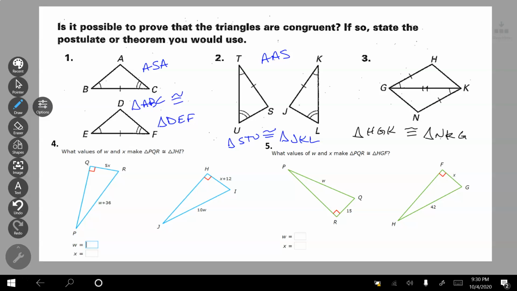So let's use what we know to solve some problems. Based on this information that these two triangles are congruent, that means this side QR is congruent to HI. If you look at these letters, QR and HI, so it's 5x is equal to x plus 12, or x equals 12, x equals 3.